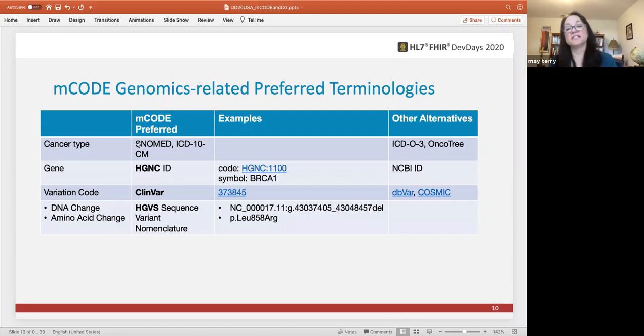And on the research side, we've had quite a number of organizations that actually do their cancer groupings and their cohorts using OncoTree. The one probably consistency that I've seen across multiple of these models has been the gene, in which case the HGNC is preferred, and oftentimes also preferred across different models.